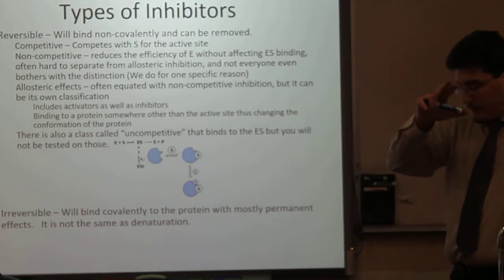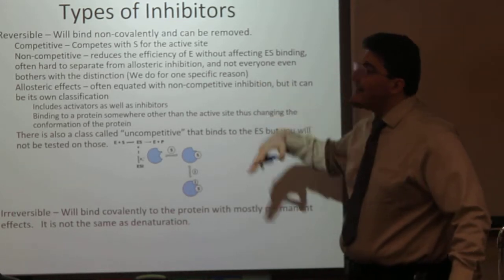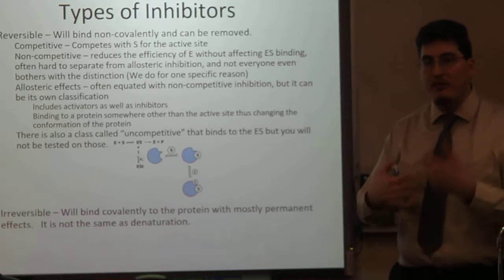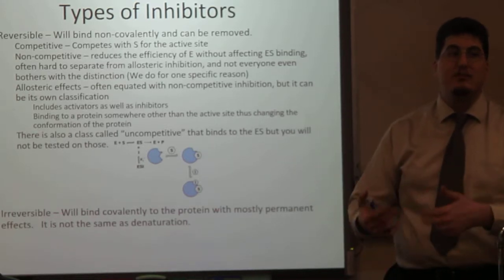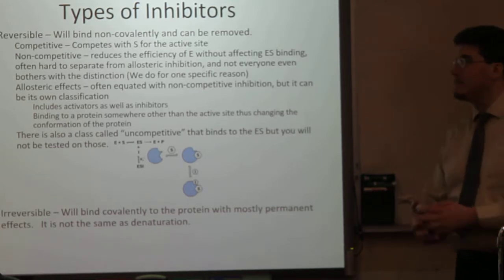So, oftentimes it's hard to separate non-competitive from allosteric, but we're going to try for one very specific reason. It's a difference in our Michaelis-Menten equation. It changes our graph.